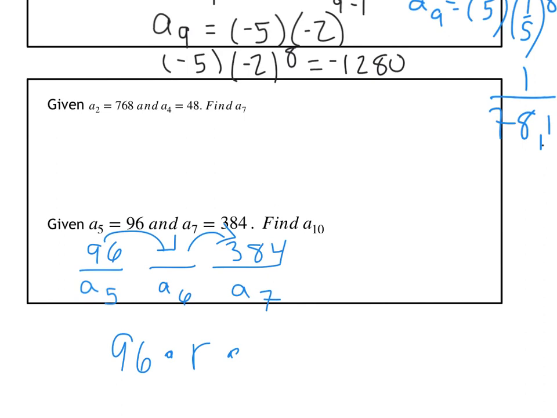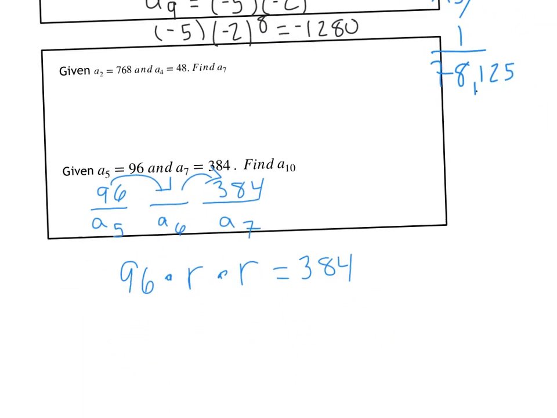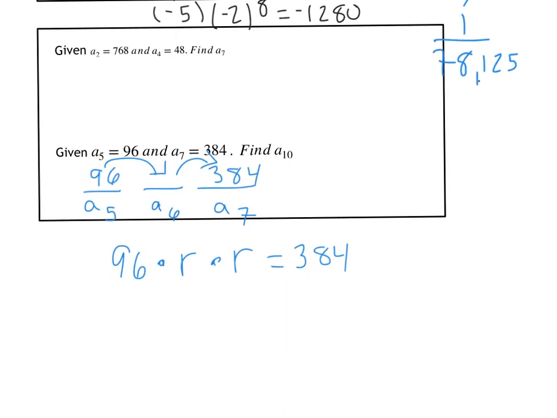Then we're going to multiply by r again to get to 384. Remember, these are multiplication because they are geometric. Okay? So here we will have 96 r squared equals 384.